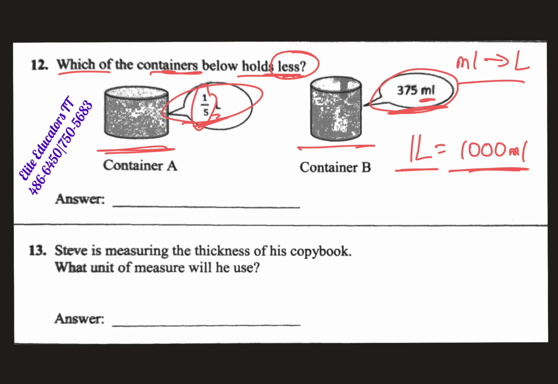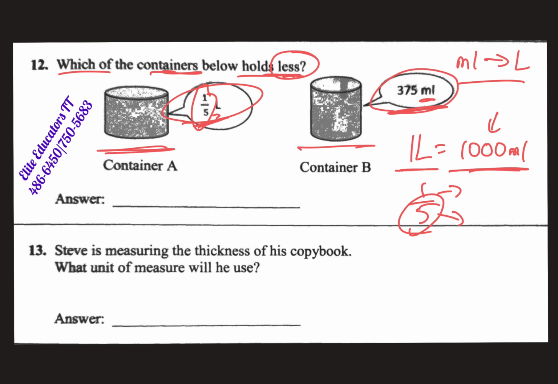We have 1/5 of a liter. So we have 1/5 of 1,000. Now, when we're doing fractions, I want you guys to just picture a pizza. Yummy Pizza Hut stuffed crust pizza, which is amazing. I could order that right now if I was not on a diet. But whenever we have a fraction, right, 1/5, the bottom number is called the denominator, and the top number is called the numerator.